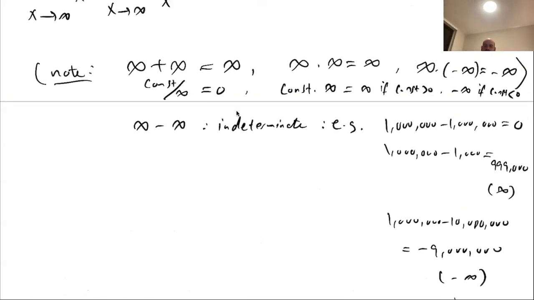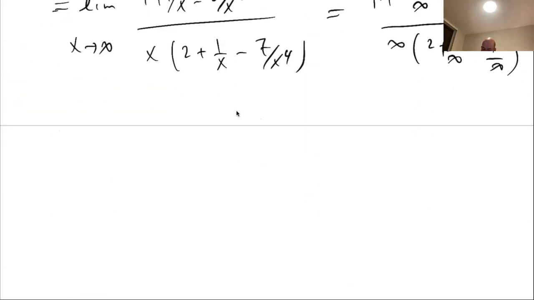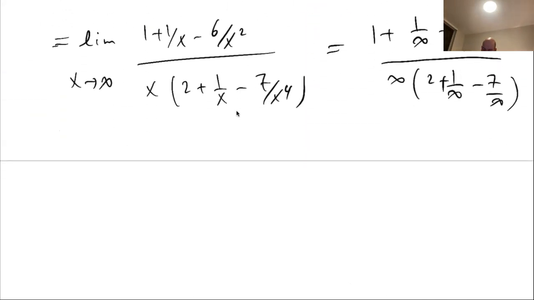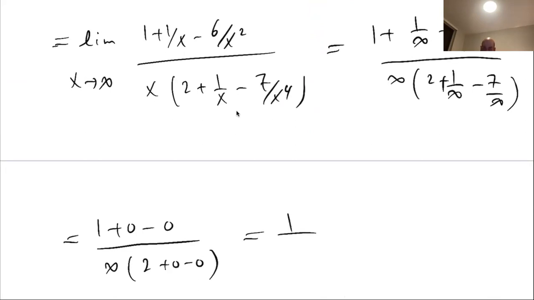is 0. So all these are 0. So it's going to be 1 plus 0 minus 0 divided by infinity times 2 plus 0 minus 0. That is 1 over 2 times infinity. 2 times infinity is also infinity. 1 over infinity, again, constant over infinity, we said 0.